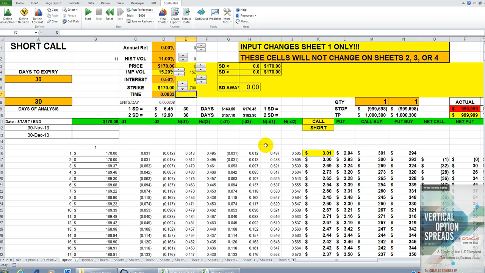I bought the stock for 170, but by selling this call and trying to collect that premium, I've got the obligation to give it up for 170. So the only reason I would put this trade down would be if I thought this asset's going to stay at 170 or below. That's the only reason I would do this trade.